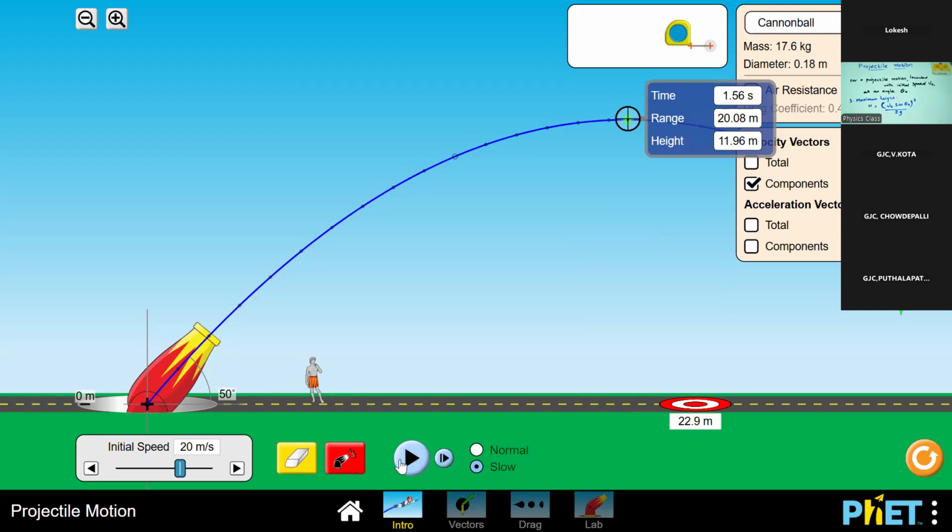Now you can vary the speed, but at the same angle, 50 degrees. So now I click fire. Just look at that. So if we change the angle or initial speed, we can change the motion of that ball.